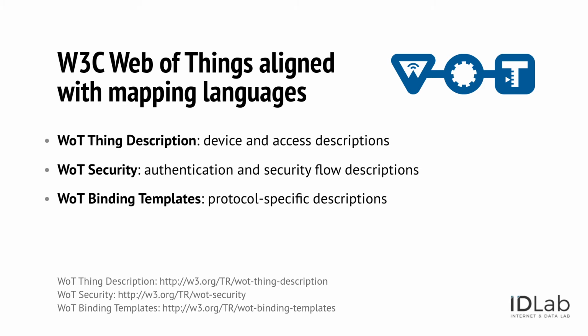This way, processors know how to access and authenticate against the web API or stream in order to get the data. The third recommendation is the binding templates. The binding templates allow us to extend the two previous recommendations with protocol-specific descriptions.